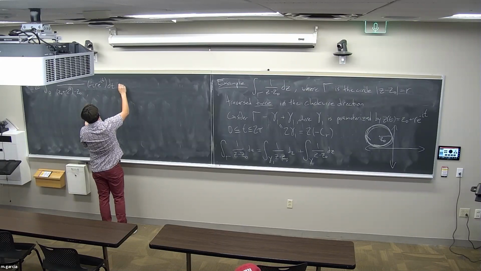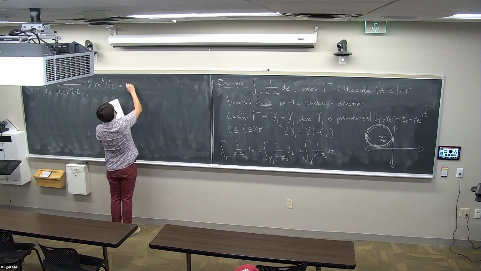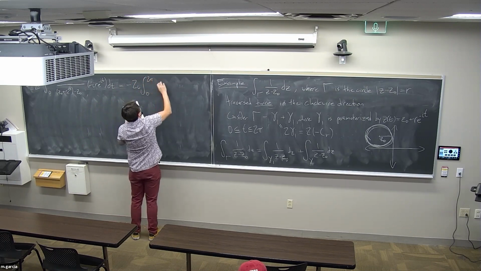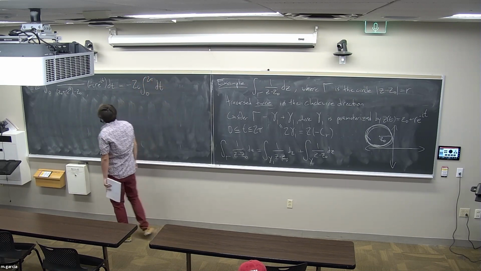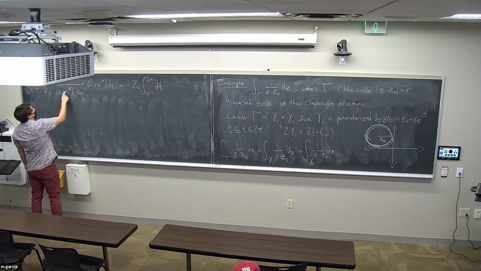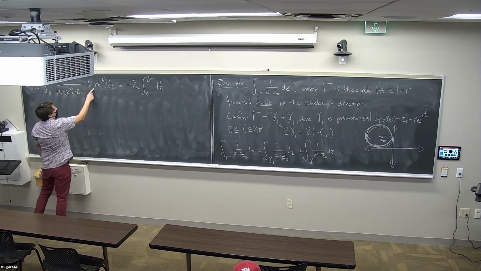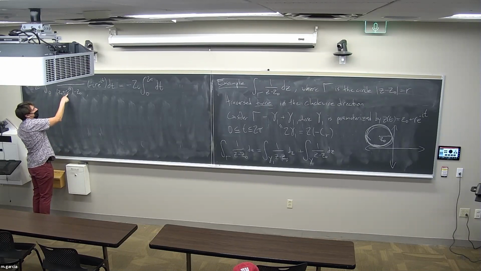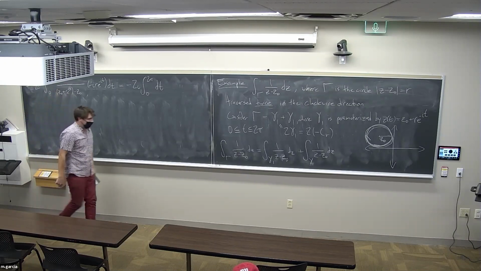So all together, we get a lot of cancellation here. We get negative 2I out front times the integral from 0 to 2 pi of just dt, right? Our z naughts cancel, our r's cancel, pull out a negative I, and e to the negative it divided by e to the negative it is just 1.